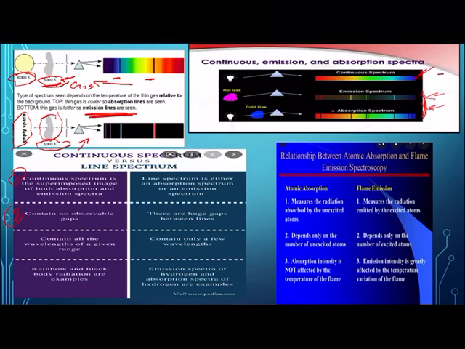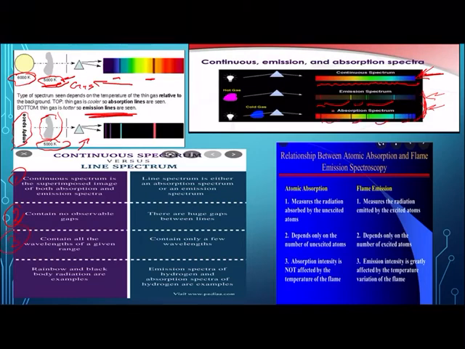As you see in the continuous spectrum, there are no observable gaps. You see the colors all after each other, no gaps in between them. But here in the line spectrum, we see gaps.